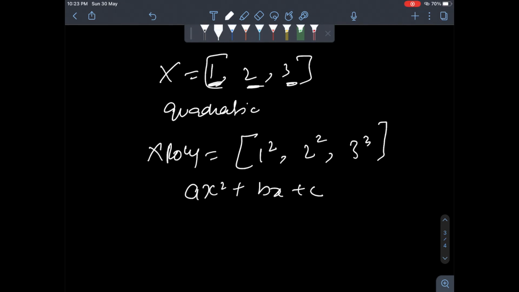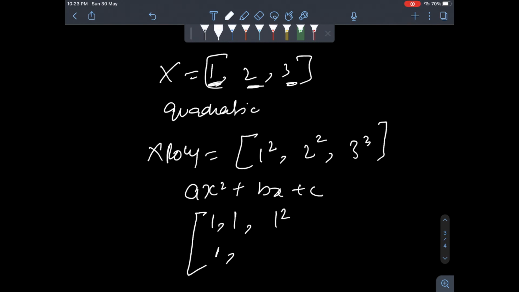So for the first data point we will be having 1 squared, 1 cubed, and for second we will be having 2. Sorry, we're not talking about cubic equations, we're talking about quadratic equations. So we will be having 1 and 1 squared.